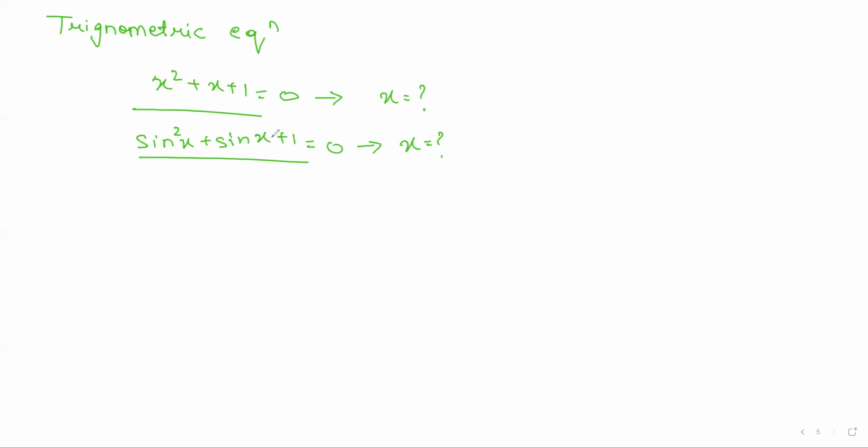You have allied angles in your trigonometric functions. For example, sine 0 is equal to 0. Similarly, sine pi is equal to 0, and sine 2 pi is equal to 0. So you can have the same value of 0 for multiple values of x.